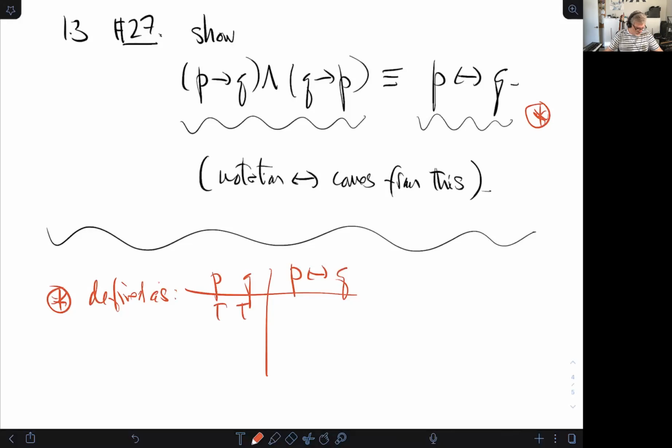So we said true, true, this is true; true, false, this is false; false, true, this is false; and false, false, this is true. So the statement here says that the truth table of this thing on the left is that. Do you see what I mean?